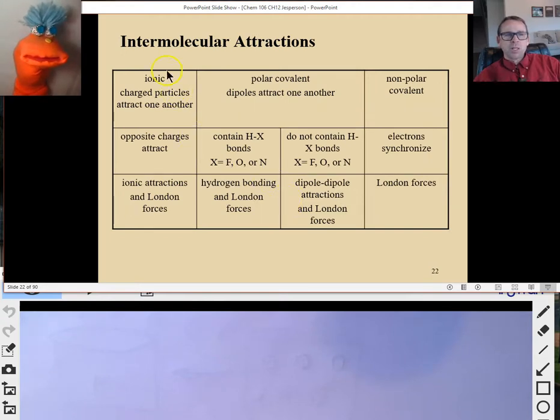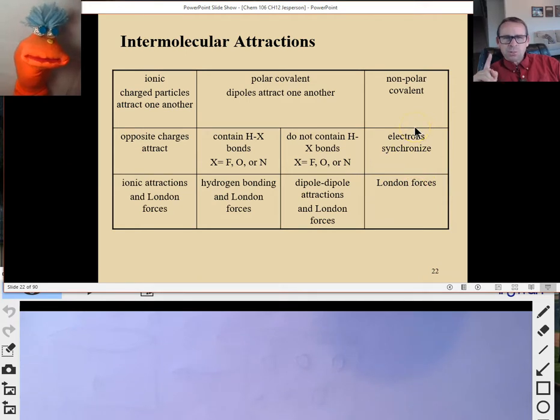All right, so we've talked about intermolecular attractions. We've talked about dipole-dipole interactions. We've talked about hydrogen bonding. Hydrogen bonding is an augmented dipole-dipole. And we've talked about London forces. Nonpolar covalent compounds really only have London forces going for them and a little bit of this electron synchronization, but dispersion forces is about all they have.